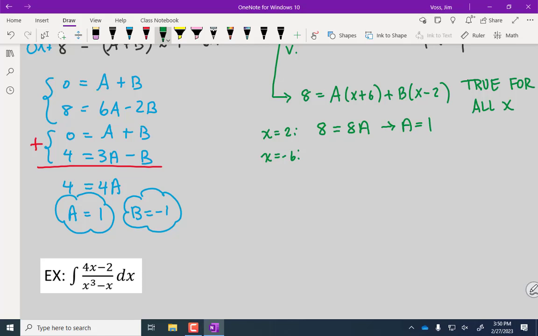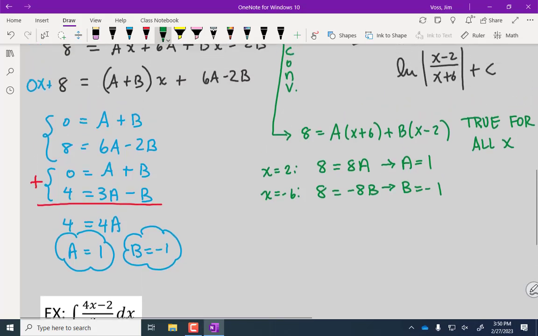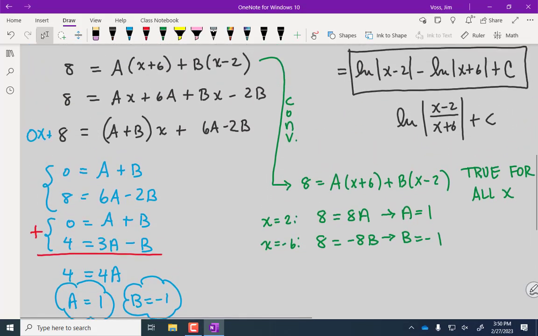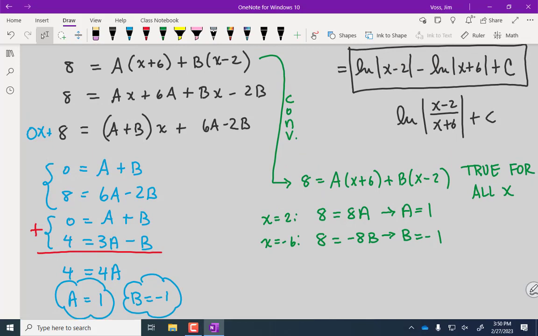If you plug in -6, we get 8 equals negative 8b. So from that right there, we got to our A and B in just a couple of lines versus that.